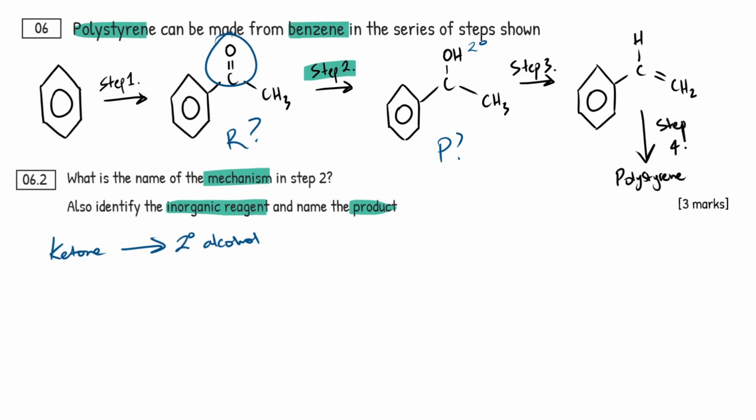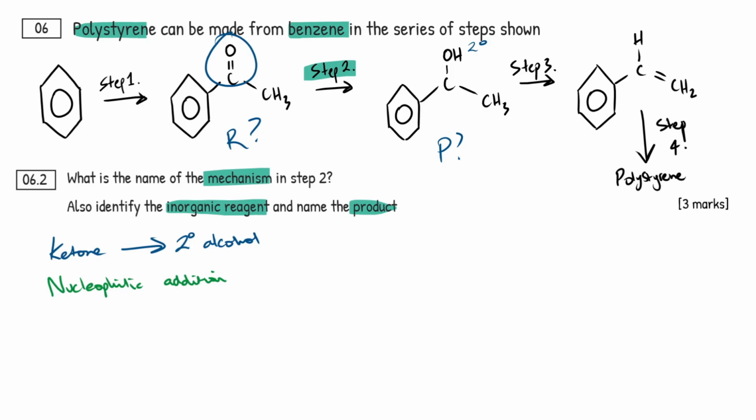Ketone comes under the ketone and aldehydes topic in the specification. If you know the specification like the back of your hand, you should know the only mechanism involved in this is going to be what? Come on, guys. Nucleophilic addition. Okay? That's literally the only thing we can pick. You don't even really need to know what's going on. You can hopefully get 1 mark there as nucleophilic addition.